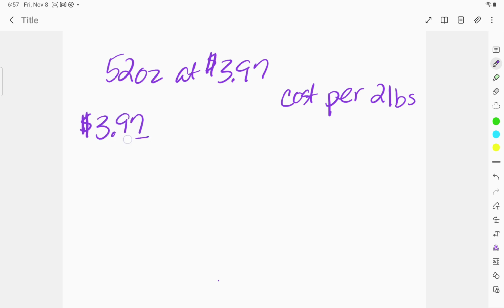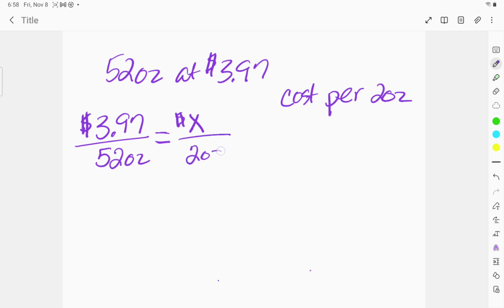This is just an example just in case this comes up later on, just so you know what to do. I should have put 2 ounces. Notice I still have ounces on the bottom and dollars on the top.